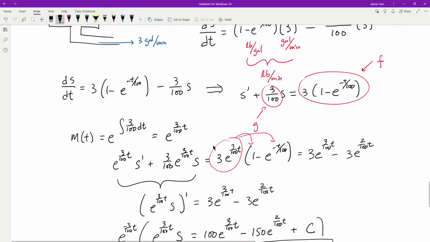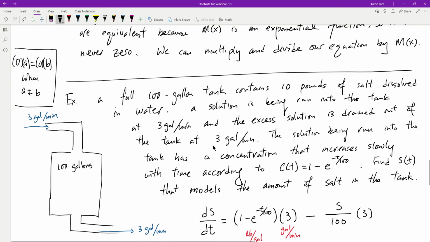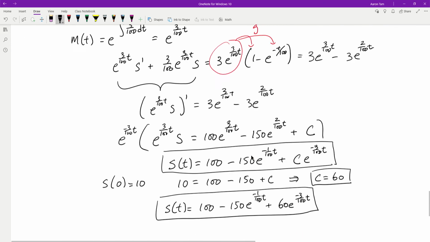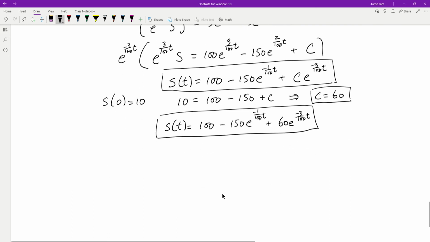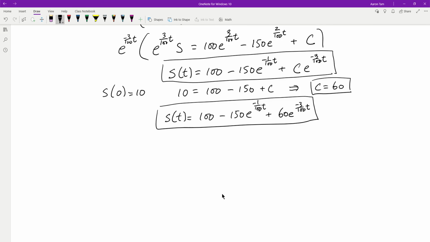Now, if you think about it, it also makes sense because eventually the solution inside will be overcome by the concentration of the solution that's going into the tank. And this solution right here generates a concentration of 1. And so for a 100-gallon tank, it should have 100 pounds of salt in it. So some of these things are interesting to think about.